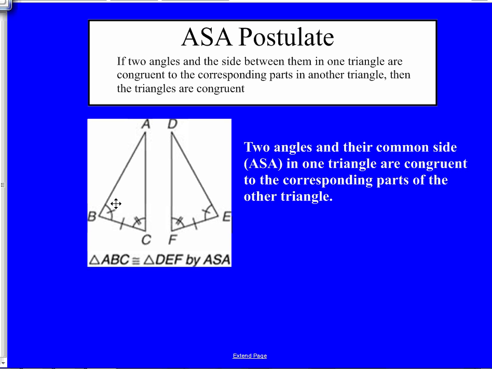So that would be angle, side, angle. Same with over here. You wouldn't have an angle, a side and a side, or an angle and a side over here. Okay, the side has to be in between the angles.